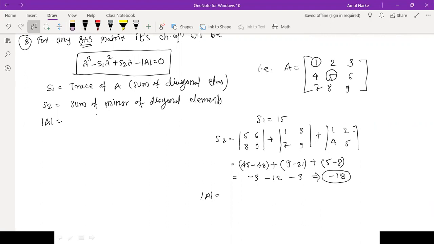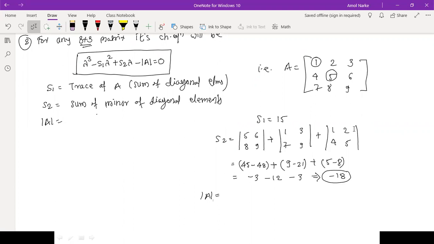Tell me the determinant of the 3 by 3 matrix. 24, 24 is correct.